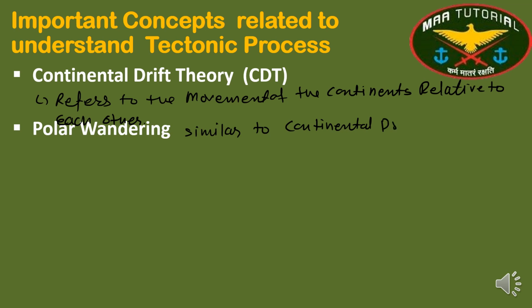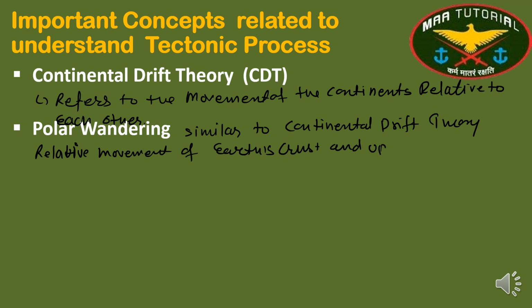Polar wandering is basically the relative movement of the Earth's crust and upper mantle with respect to the rotational poles of the earth.